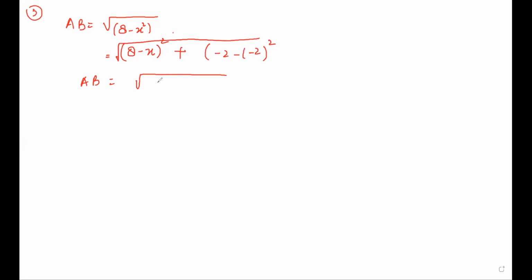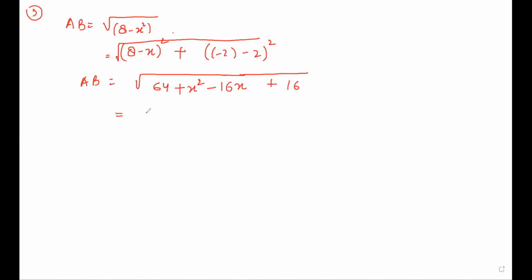If you open this bracket, it should be 64 plus x square and minus 2 into 8 is 16x, a minus b whole square, and plus minus 2 minus 2. Fine, that is minus 4 whole square. So that becomes your 16.